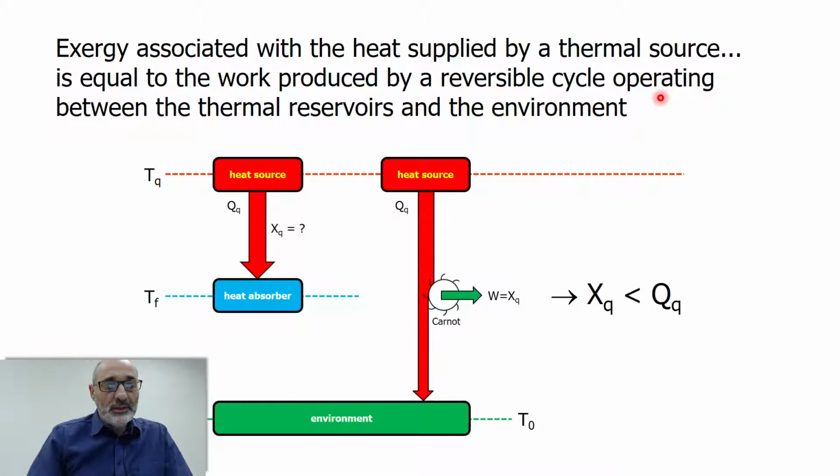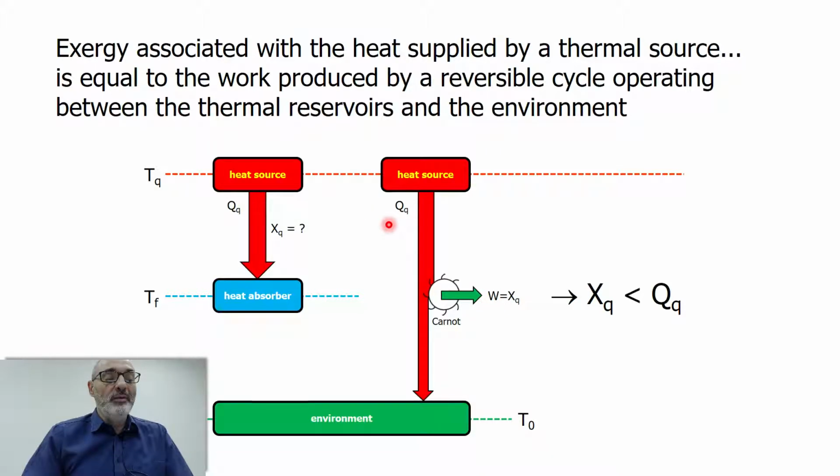So that's what we're going to do. We have our heat source. We use the same amount of heat, Q, to drive a Carnot cycle. And the Carnot cycle is operating between the heat source and the environment down here. So the work obtained here is, by definition, equal to the exergy content of this heat flow.